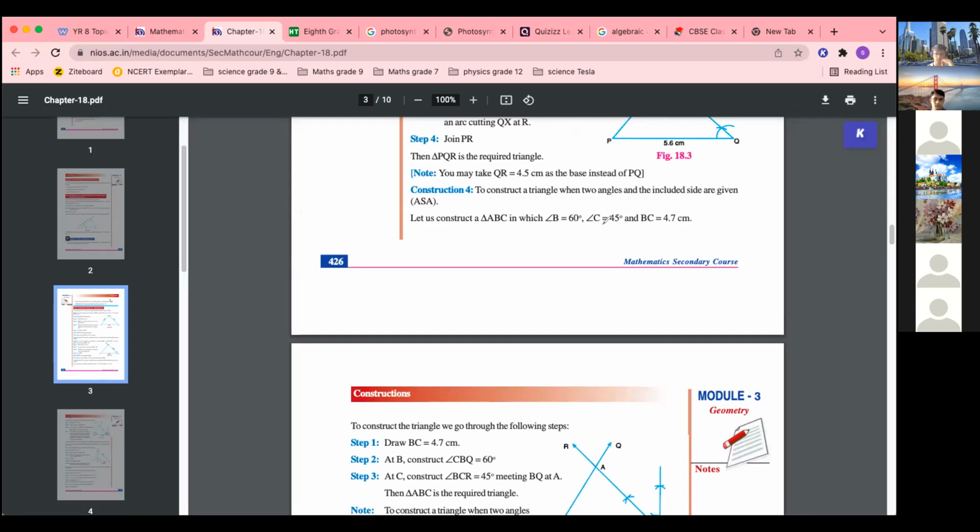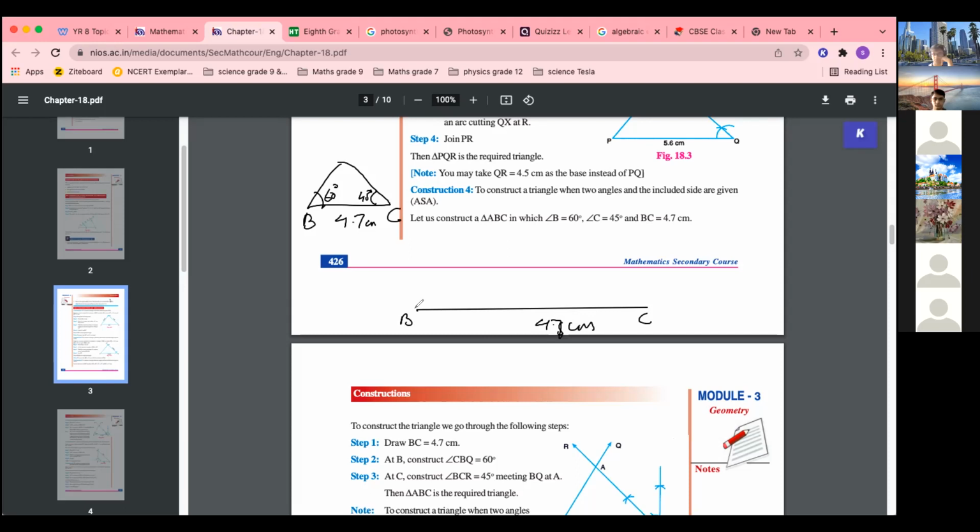Now let us draw a rough triangle. It is BC. So let us draw the given side here, 4.7 centimeter. Angle B is 60 degrees and angle C is 45 degrees. Okay, so how will we draw? What will we do? First draw BC with the scale, 4.7 centimeter.